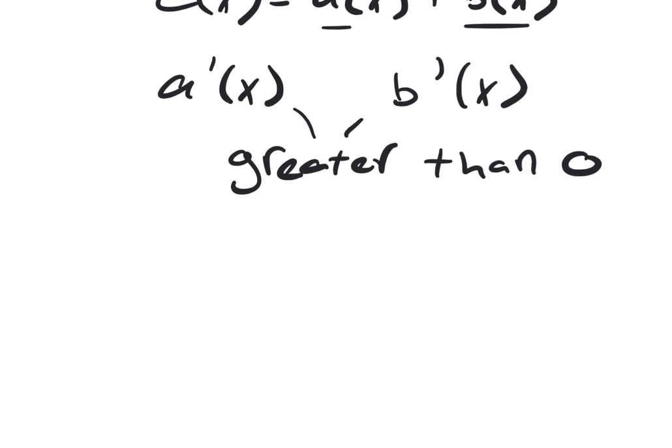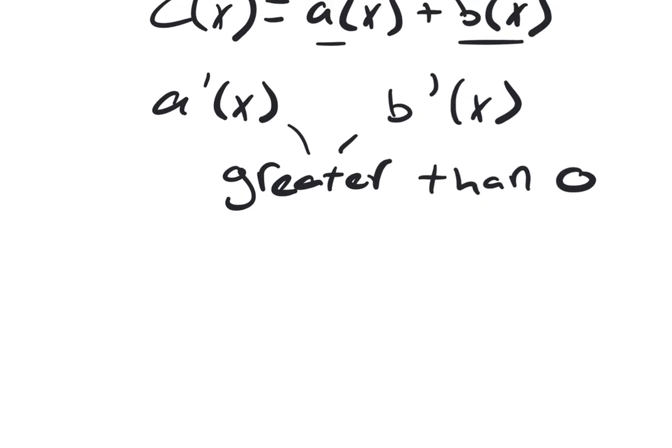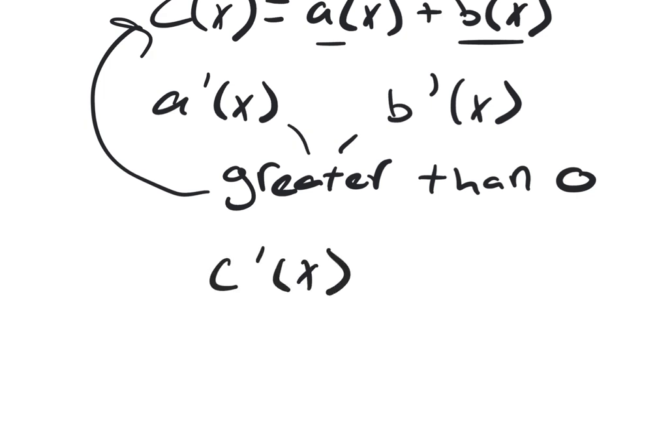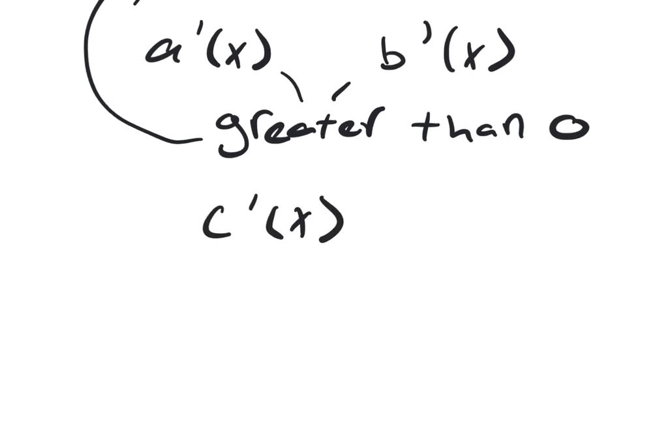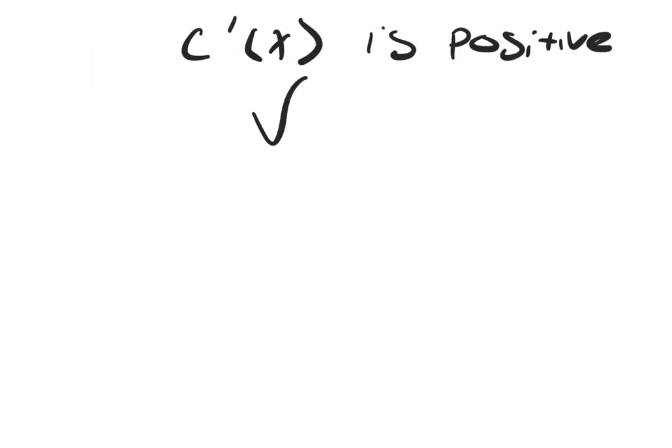Well, since that's the case, then we can also assume that c prime of x is going to continue being positive because there's no way it can go down. So the sum of two increasing functions is increasing. Yes, true.